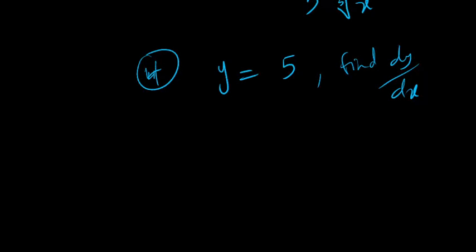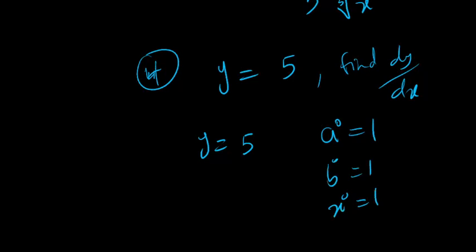From the idea of indices as well, if you have a raised to power 0, it is 1. If you have b raised to power 0, it is 1. That means if you have x raised to power 0, it's the same thing as 1. And 5 times 1 is 5.